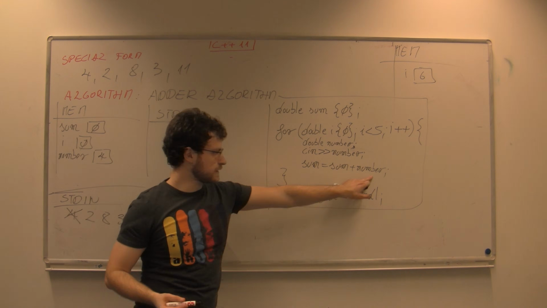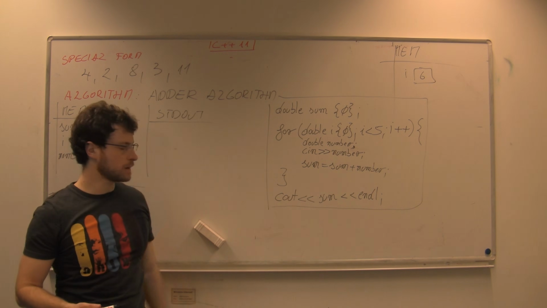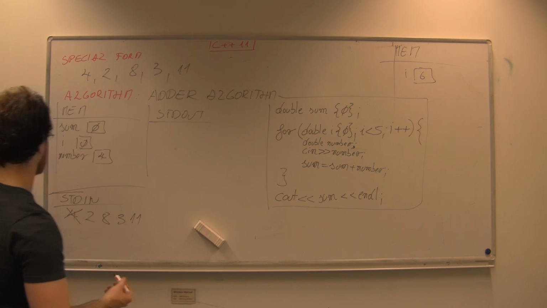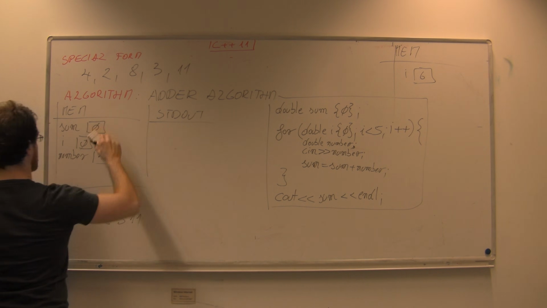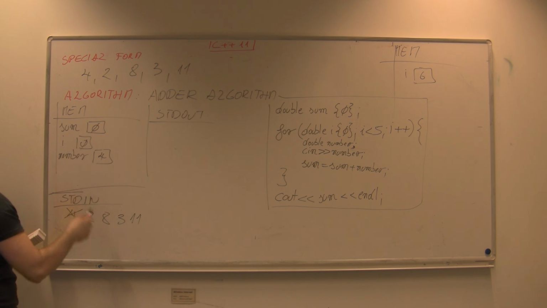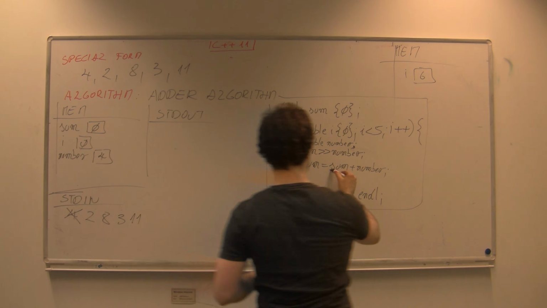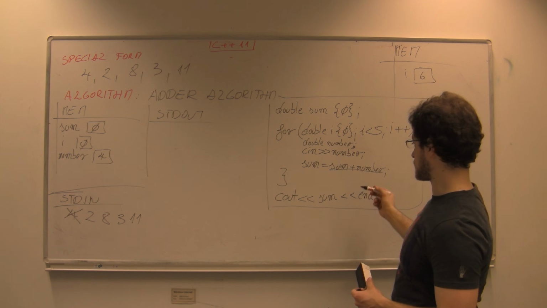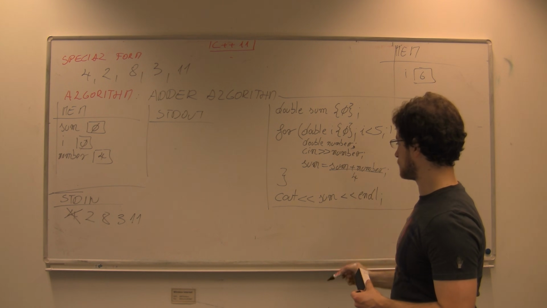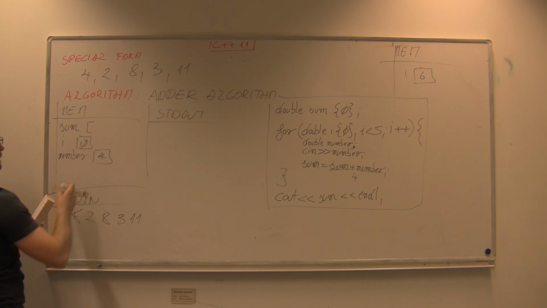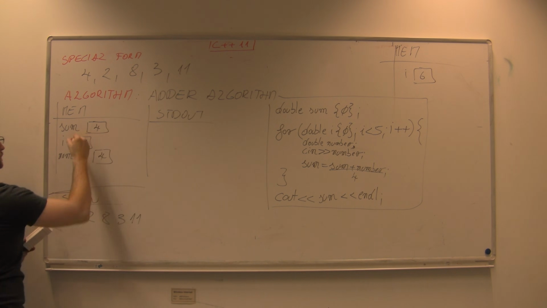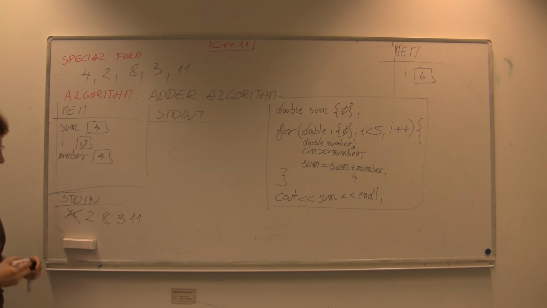Then we perform this assignment statement: sum equal to sum plus number. So we add this value, in this step, that's the number 4, to sum. We assign it. So at this step, the value of the variable sum is 4.